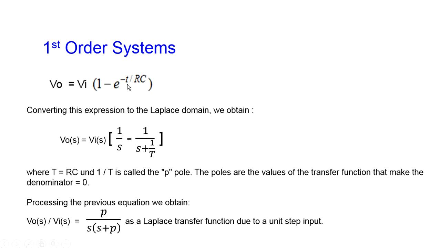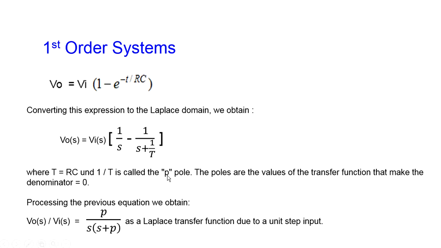The exponential of minus t divided by RC in the Laplace domain is 1 divided by s plus 1 divided by T, where T is the product of RC and is called the system constant. This value that makes the denominator of this expression equal to 0 is also called the pole of the system.